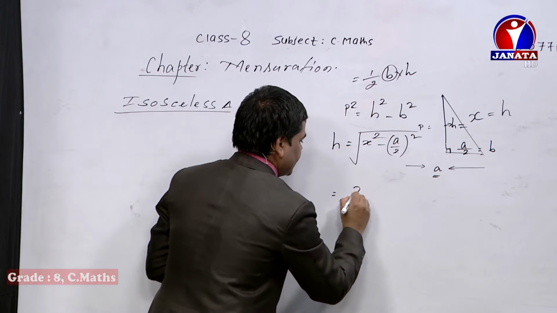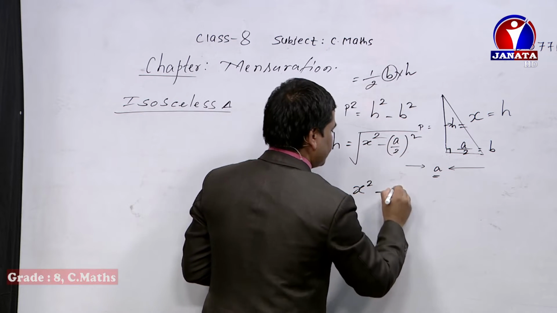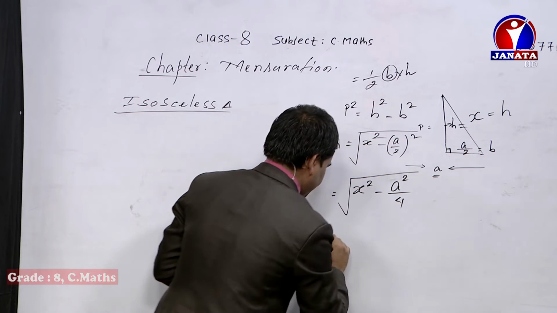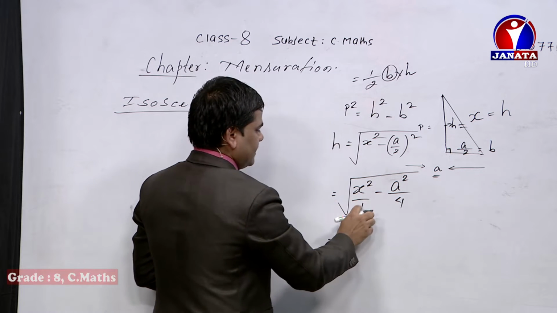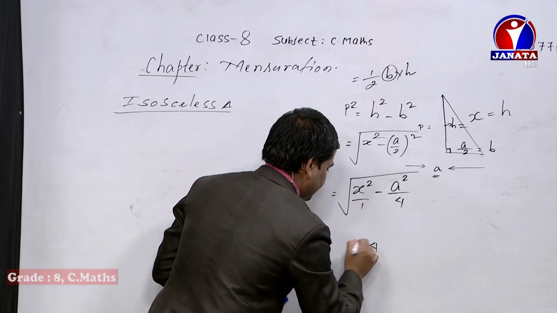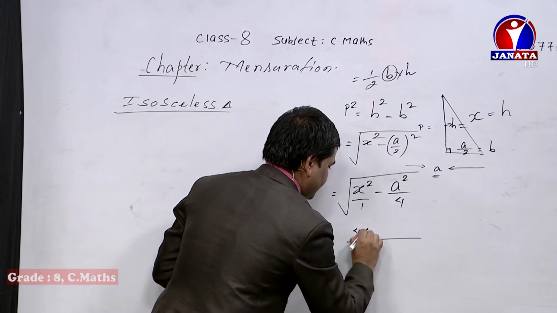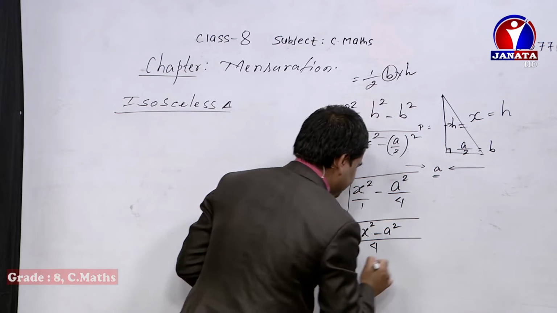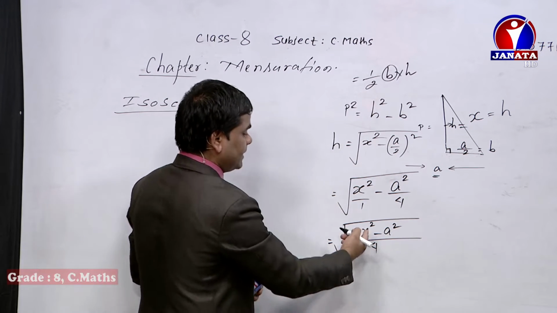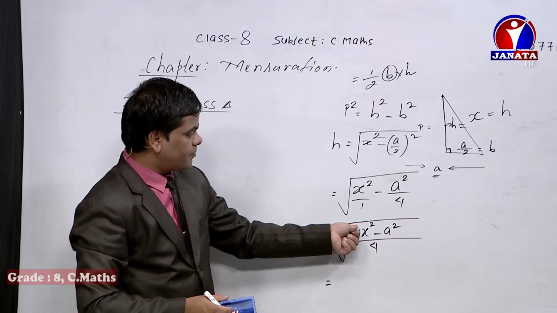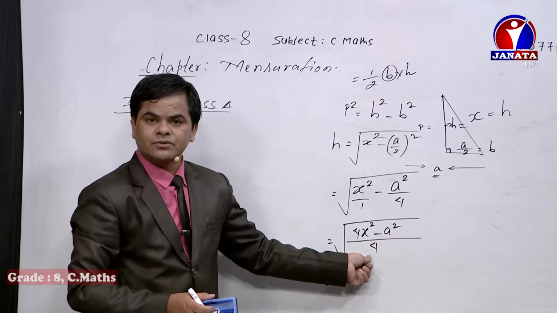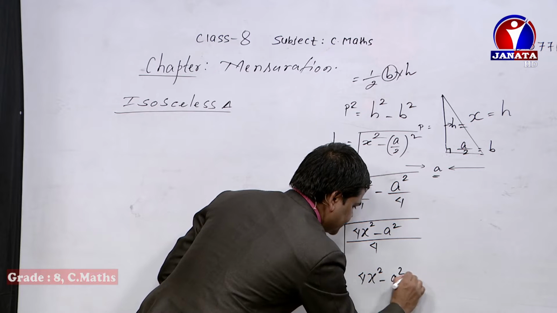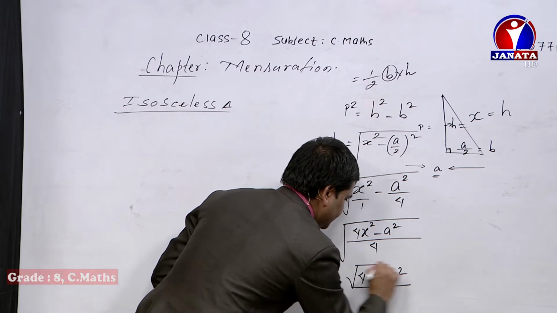Now x square minus a square by 4, under the whole root. If we take the LCM of 1 and 4, it will be 4, so 4x square minus a square over 4, under the whole root. Now we can take the root of the denominator, as it is not possible to take the root of the numerator. So it becomes root of 4x square minus a square, divided by 2.